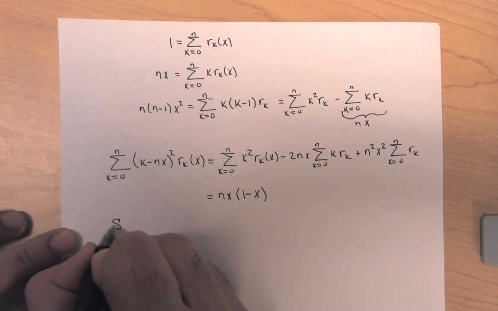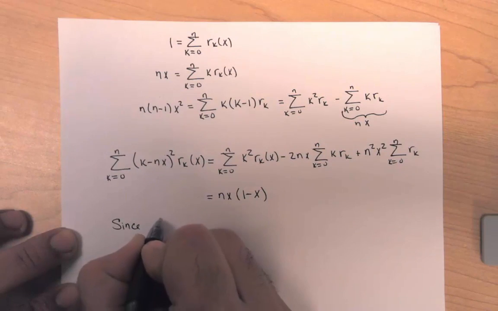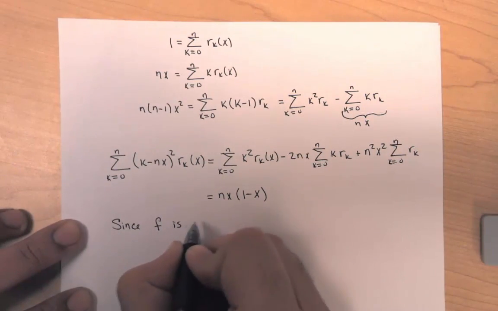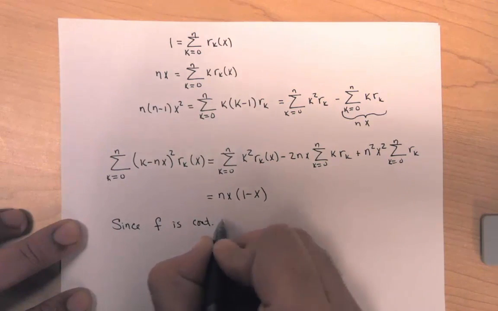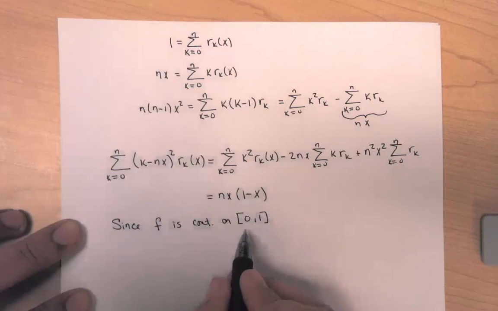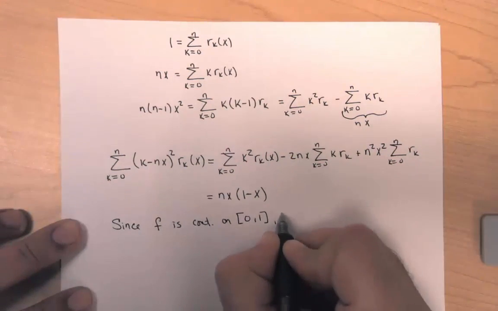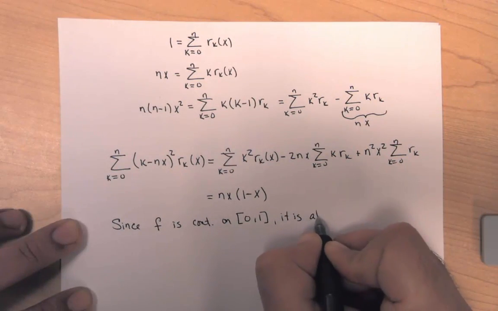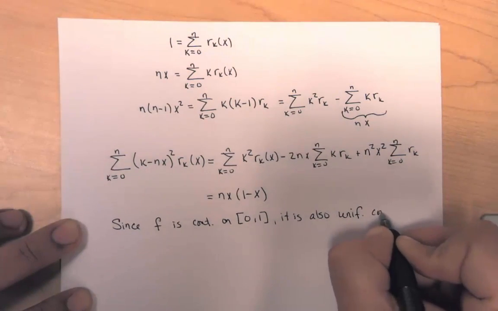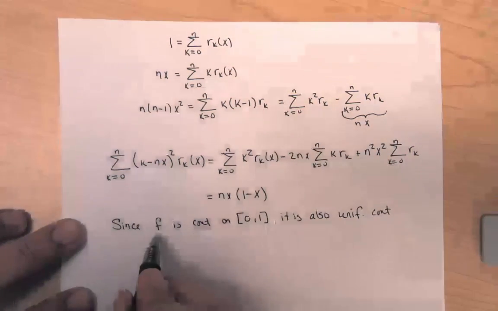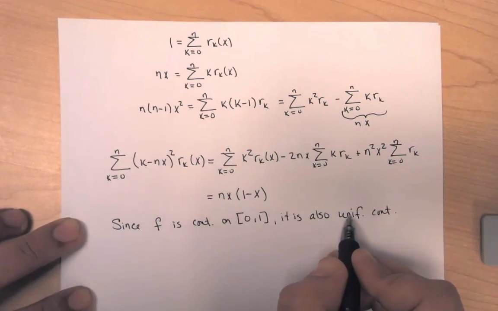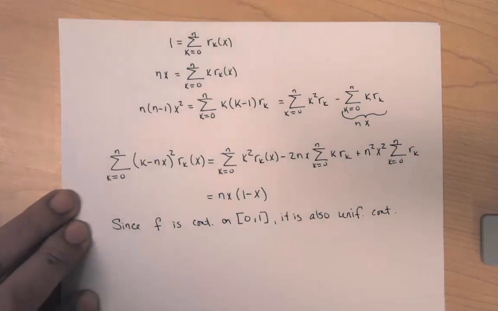Now, since my function that I'm trying to approximate by a polynomial is continuous on the closed and bounded interval 0 to 1, it is also uniformly continuous. Right? Since any continuous function on a compact set is automatically uniformly continuous on that compact set.